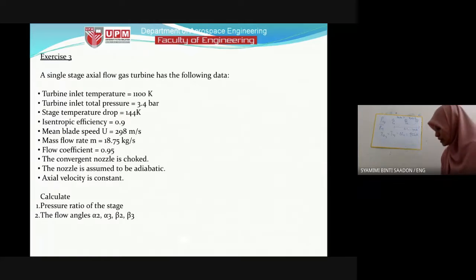Then the total pressure, because we have T total 3 over T01, to the power of gamma over gamma minus 1.